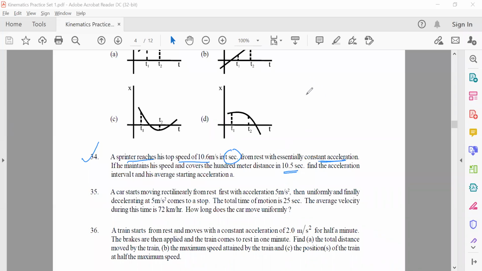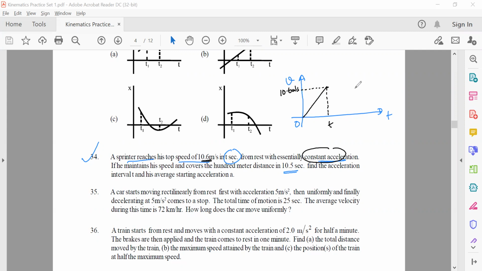Okay. So this type of question, you just visualize what the velocity versus time graph looks like. The sprinter is starting from rest with uniform acceleration and reaches his top speed in T seconds. So it is some t seconds that we don't know, but we know that it reaches the top speed of 10.6 meters per second.